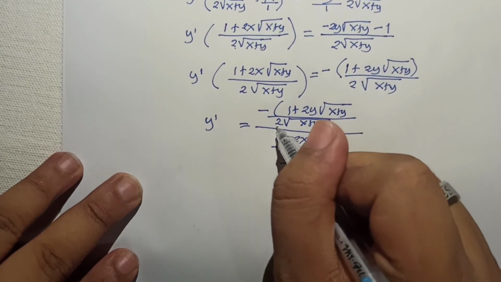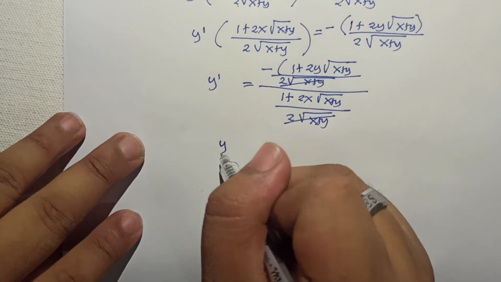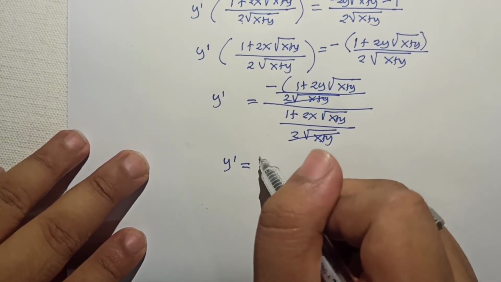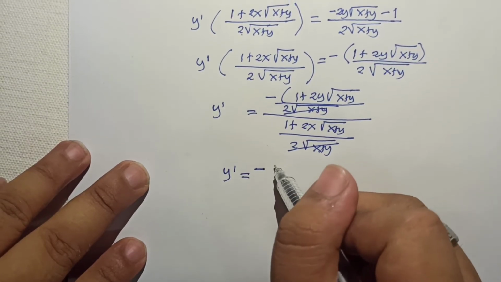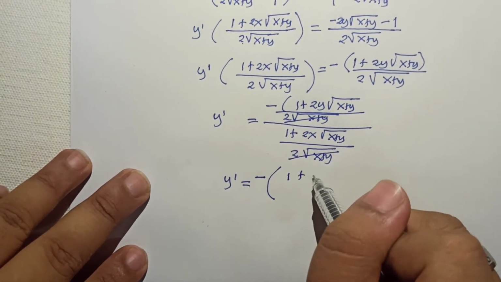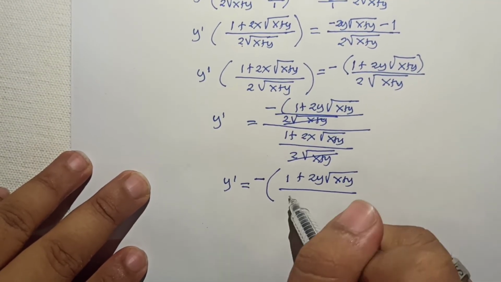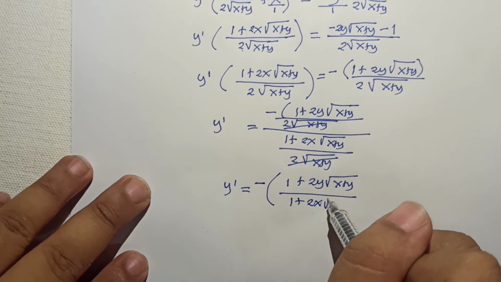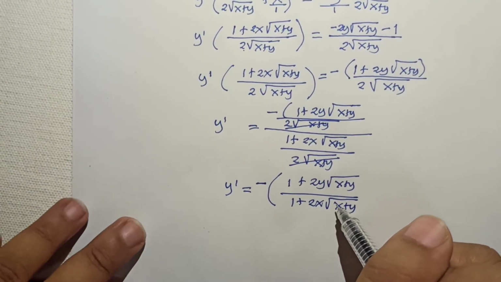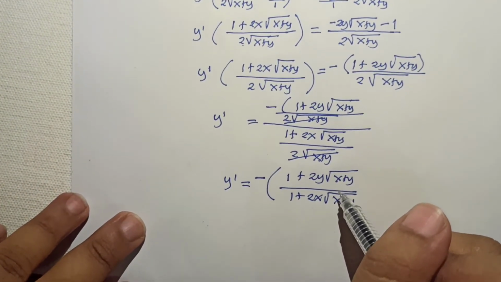So cancel this part. The remaining is y prime is equal to negative 1 plus 2y the square root of x plus y over 1 plus 2x the square root of x plus y. So this would be the final answer.